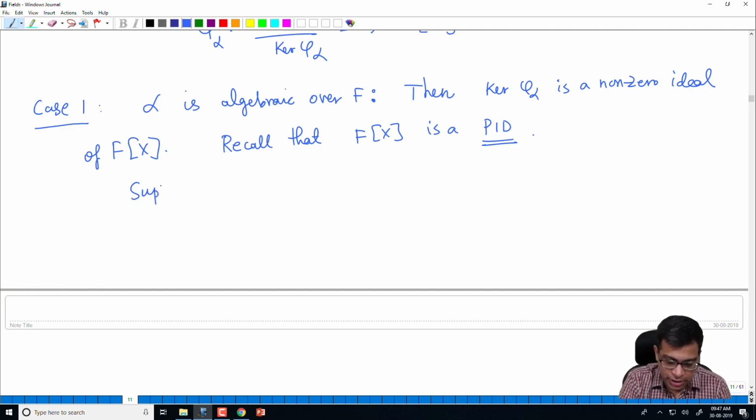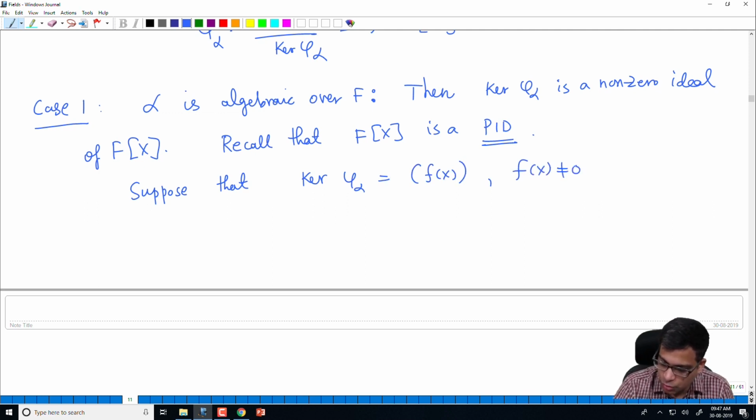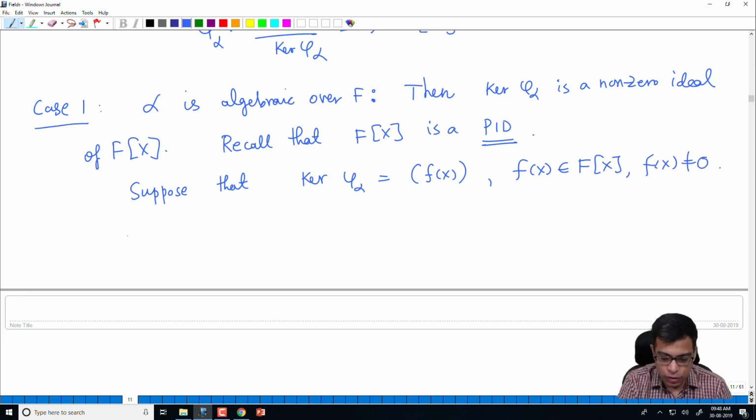So suppose that kernel phi alpha is generated by f(x), where f(x) is a non-zero polynomial in F[x].